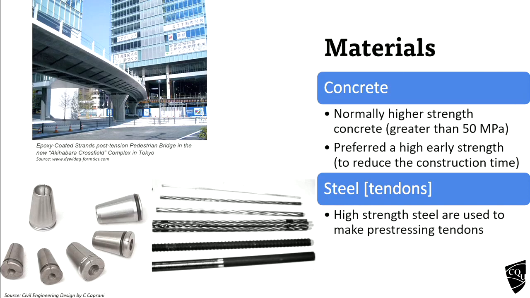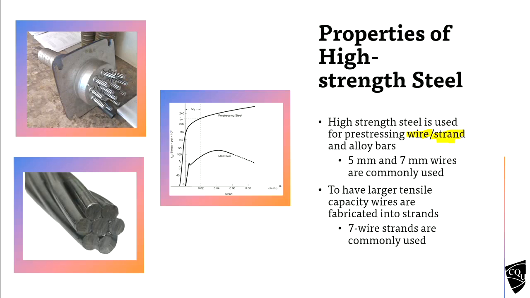So, three things: tendons, wires and strands. Using steel or high strength steel, they manufacture wires. You can see the wires here. This is called a wire.